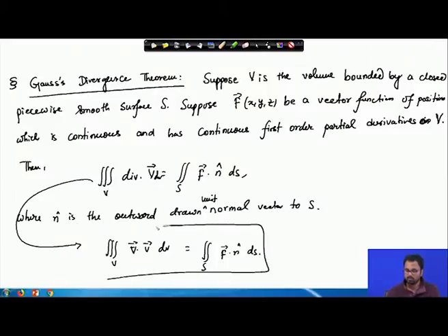So, this is the required Gauss divergence formula, and you need just continuous first order partial derivatives for this vector function, which is F, it is not V. So, the integral of divergence of F dV equals the surface integral of F dot n dS.